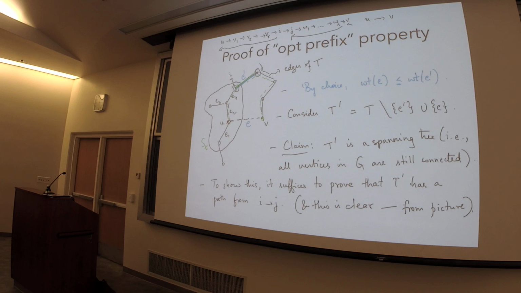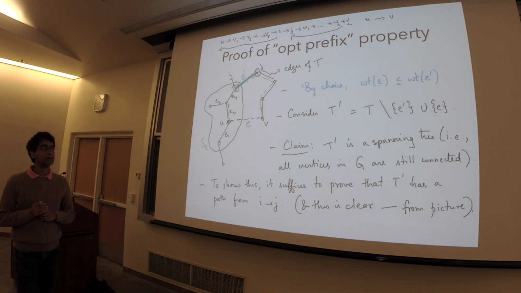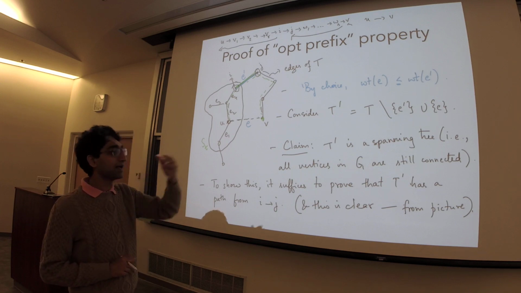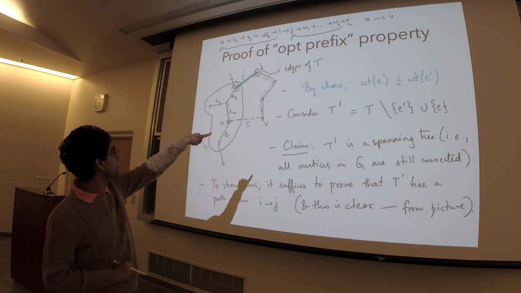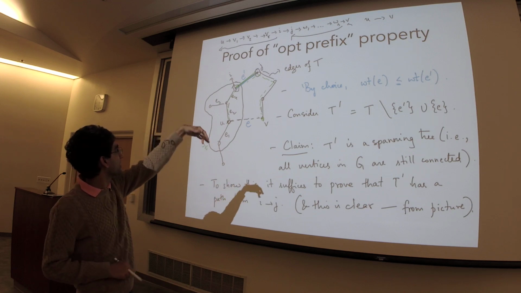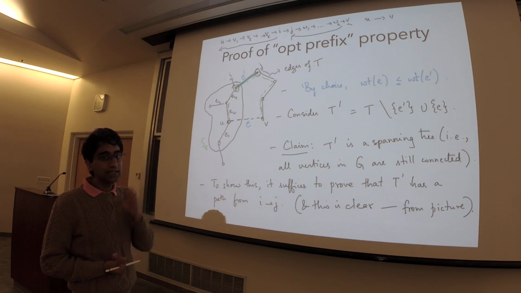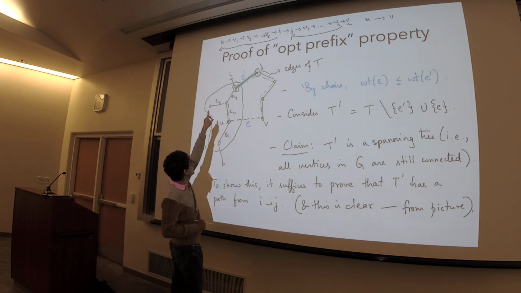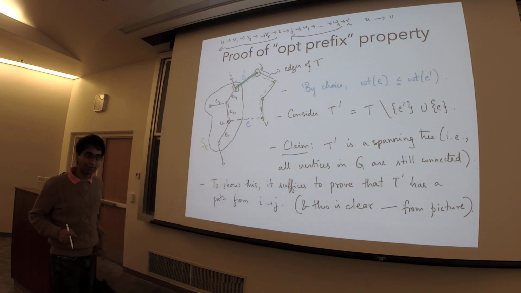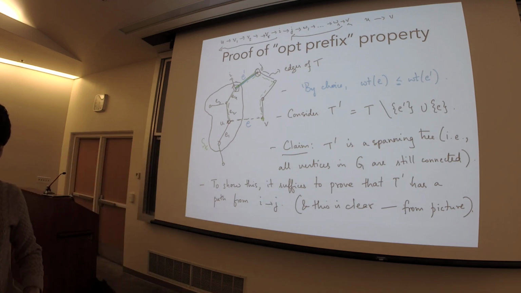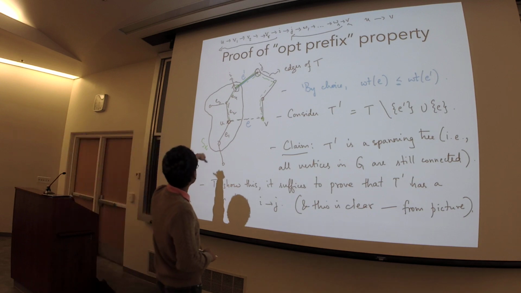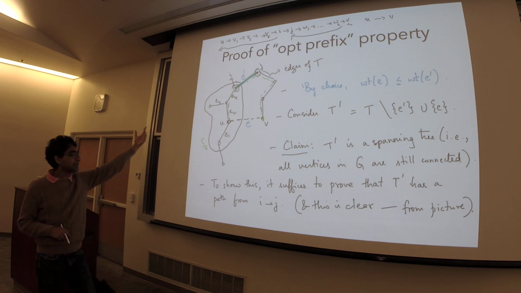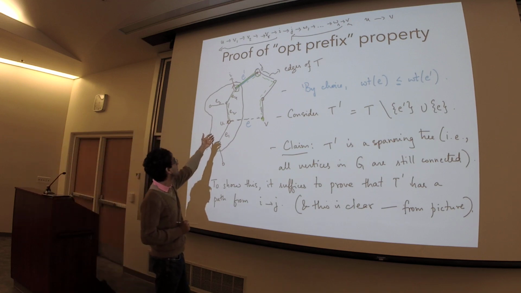Question. Yeah. I didn't get what's the relation to the full graph here. Because the outline was based on the full graph. Right. So this path from U to V included things that were outside, right? It was actually very crucial to the argument that T was a spanning tree for the full graph, right? So I have not really used the fact that T contains E1, E2, E3, E4. But I don't really need to.